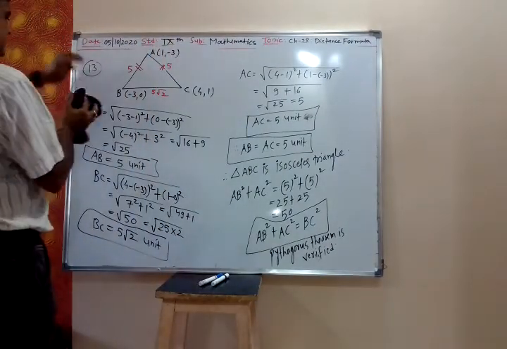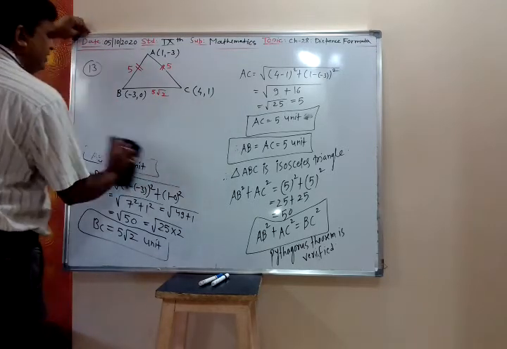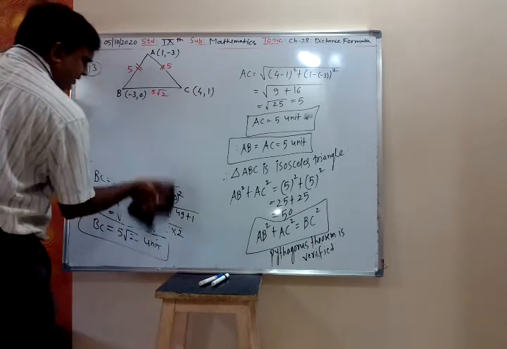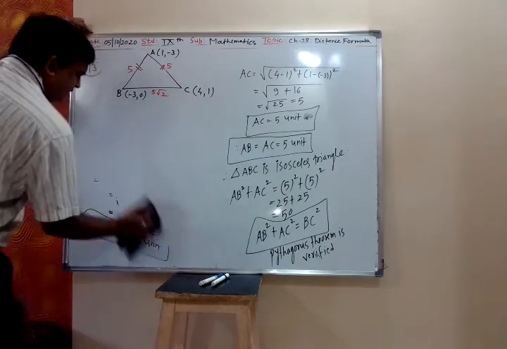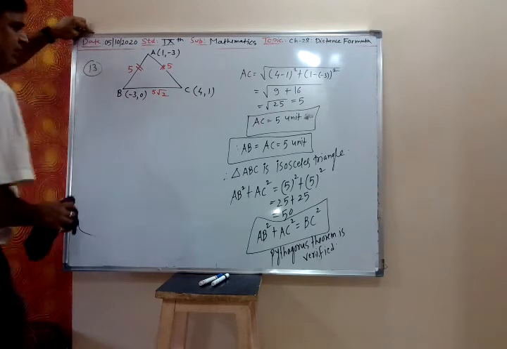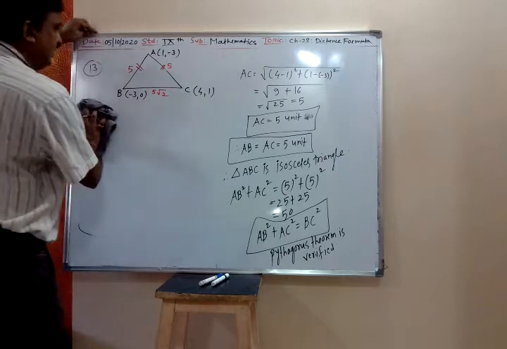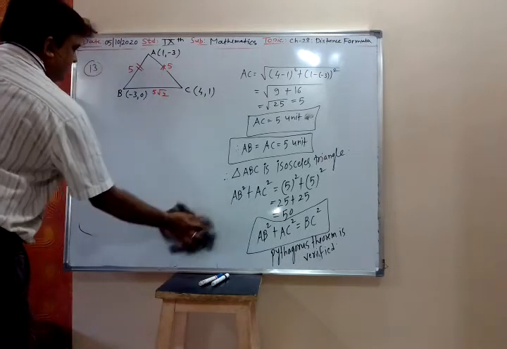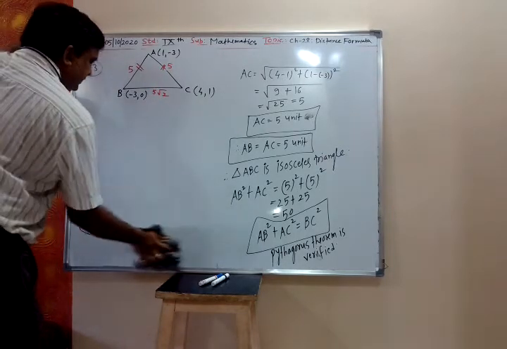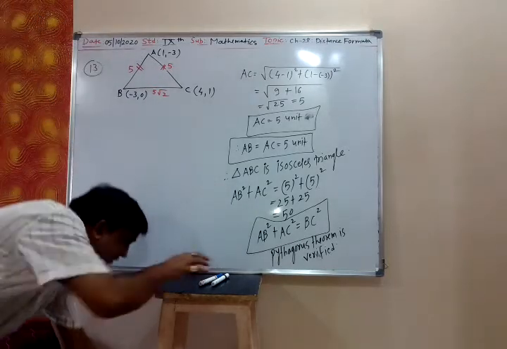Wait, we have verified Pythagoras, but something is still left. AB square plus AC square is equal to BC square, and we have found the lengths of AB, BC and AC.